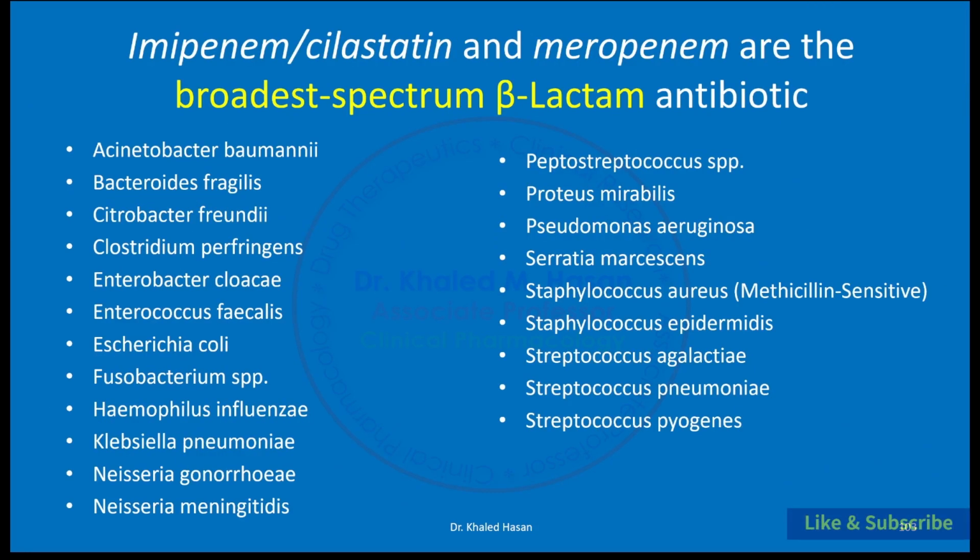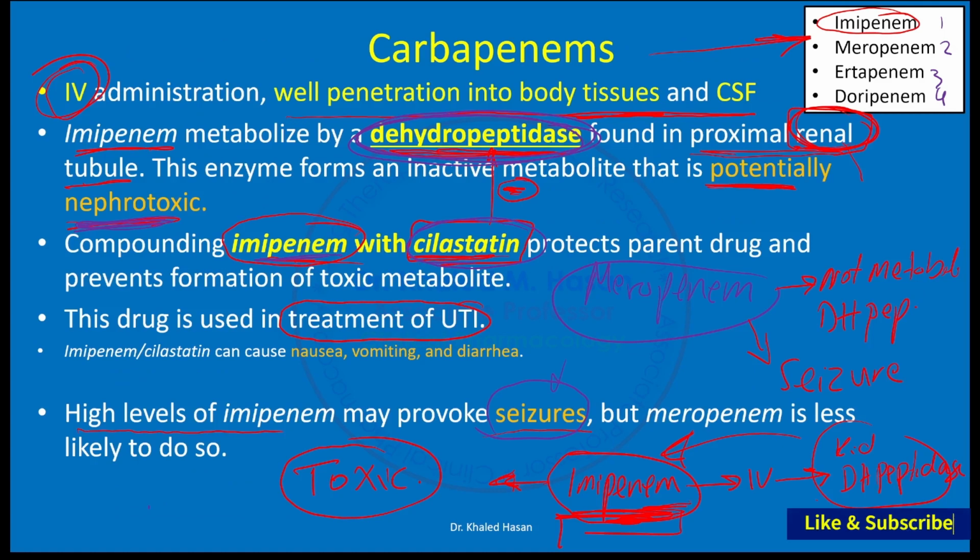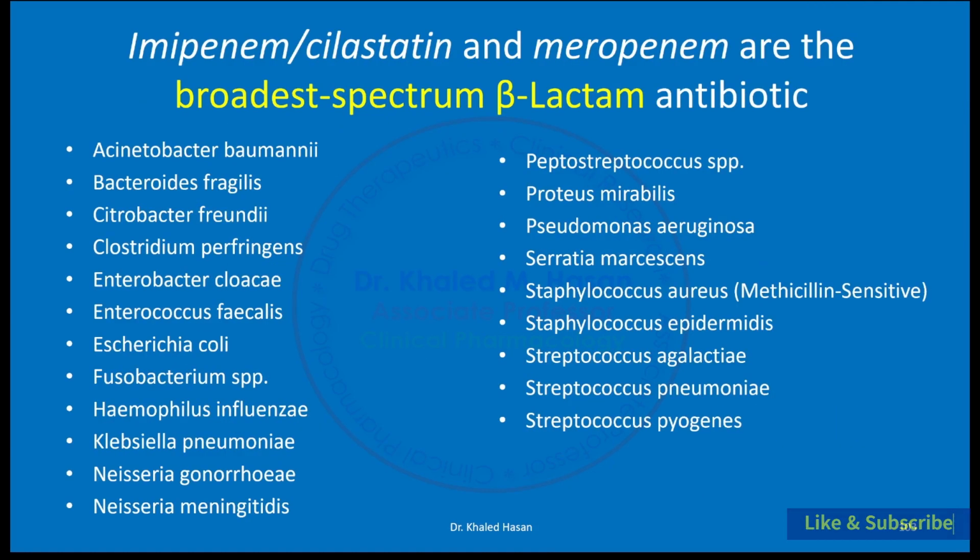Okay, so if you go a little bit to the slide and look at what we have here, they said imipenem, cilastatin, and meropenem are the broadest spectrum beta-lactam antibiotics. So the question: which of the following medications or beta-lactam antibiotics is considered broadest spectrum? We have imipenem, cilastatin, or meropenem.